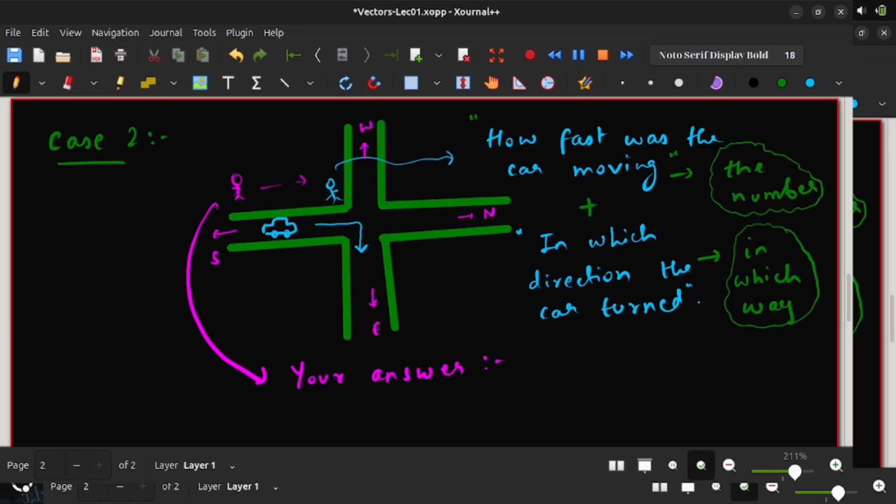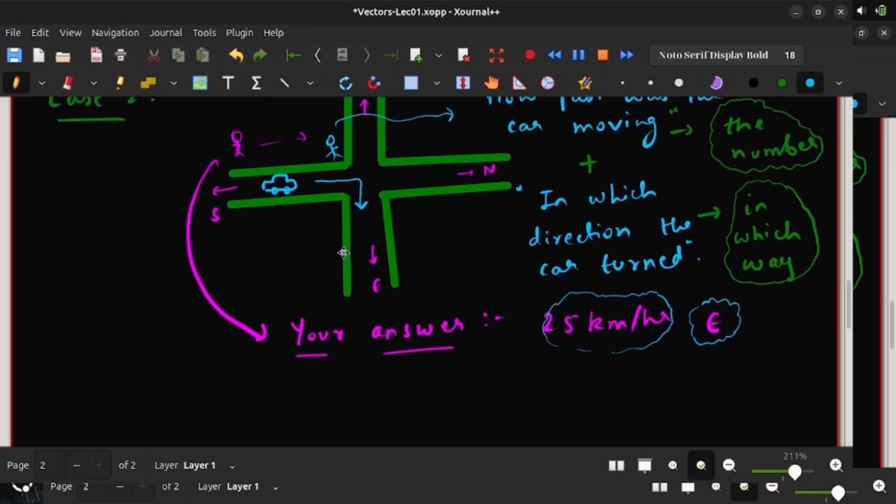This is how the directions are. And you can say, okay, this guy was moving with 25 kilometers per hour. So again, you give the number, plus you say one more thing: he was moving in the east direction. This is the next information that you are giving me.